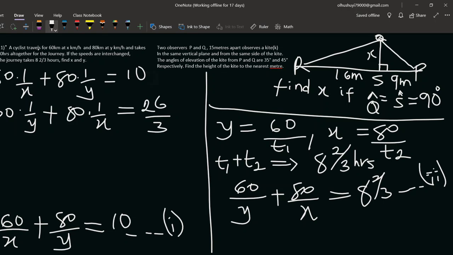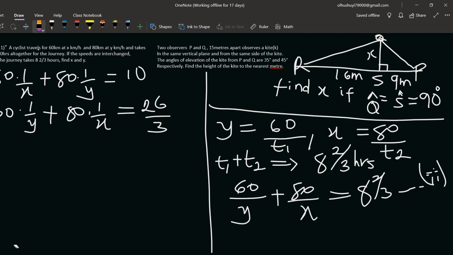So we solve these two simultaneously. So what do we have? What do you think we have here?